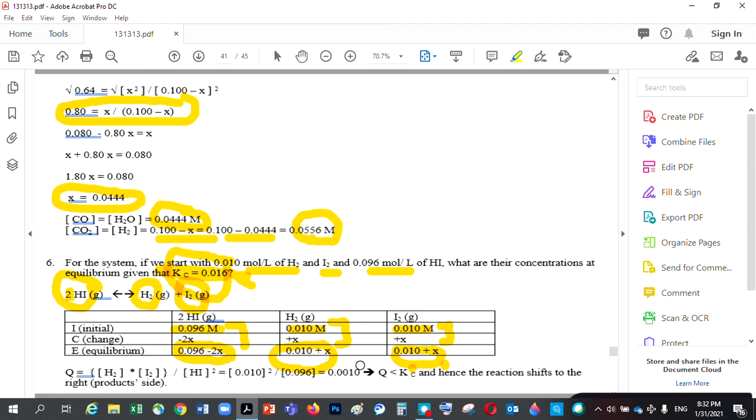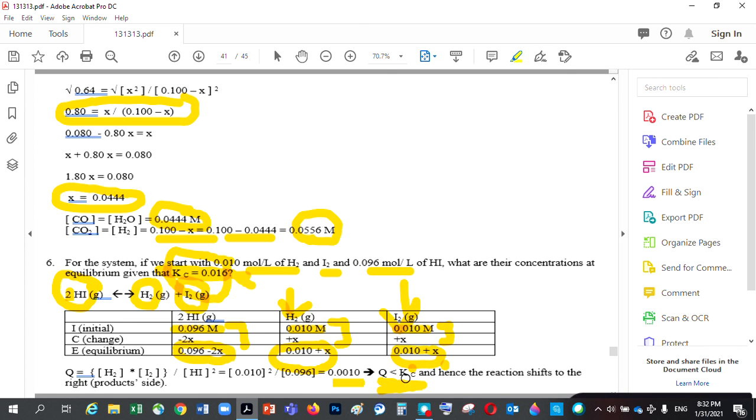I put in all those initial concentrations, and it turns out Qc came out to be a small value. So I use this: this is the reactant, this is the product, this is another product. So products over the reactants, put in the initial concentrations. Qc came out to be less than Kc.